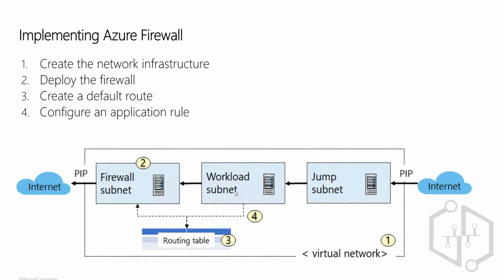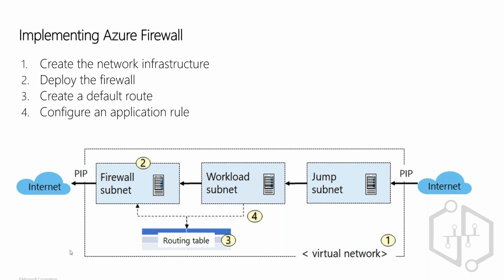The second member that you see over here is your jump subnet. This is your jump box. Normally, anyone can connect to the jump box because this is a public IP. The jump box will help you connect to the workload subnet. That's the normal behavior of Azure, right?